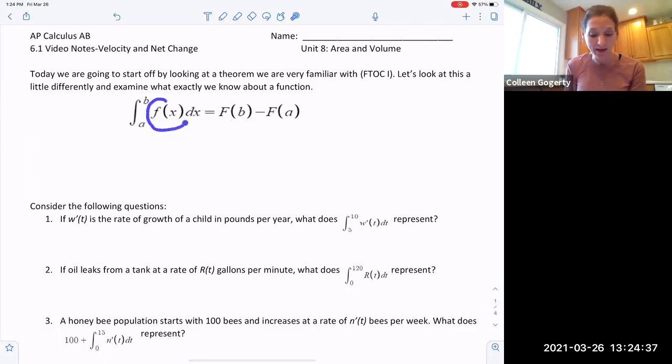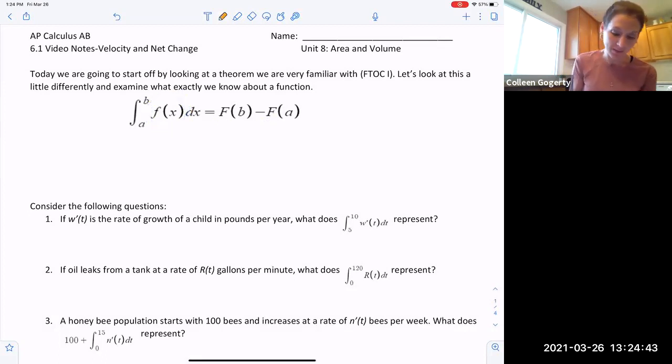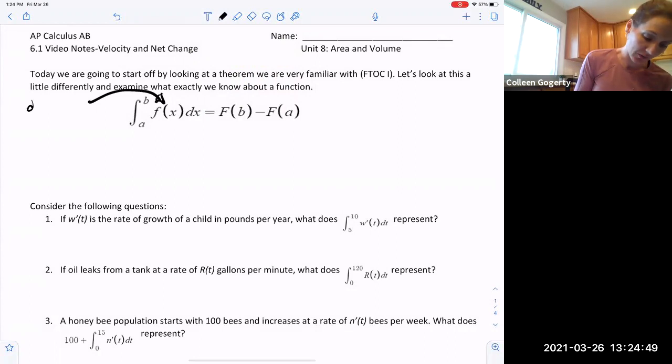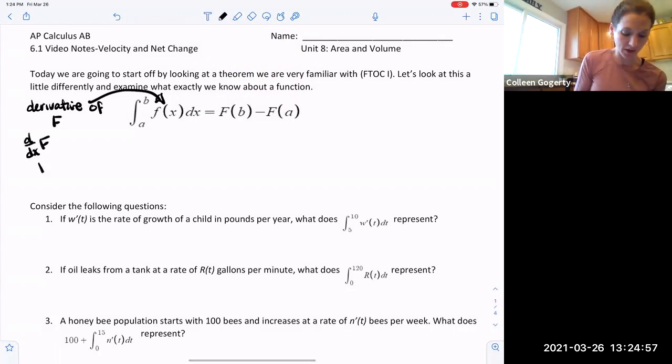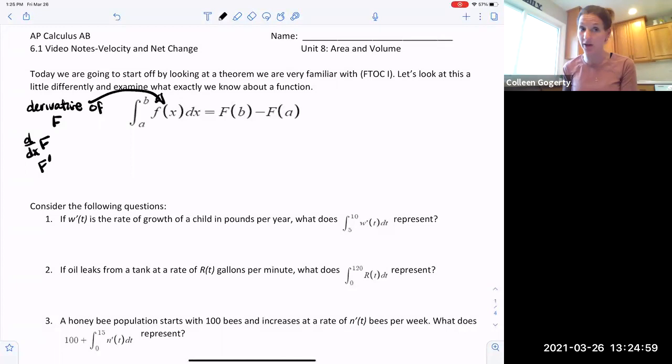So what's going on? This is the derivative of big F, okay? So something just to note here as we're going, right? This is the derivative of the function f. So we could be writing it d dx of f. I could be writing this as f prime, whatever way you want to think of it.